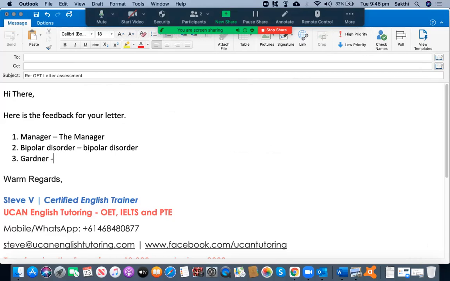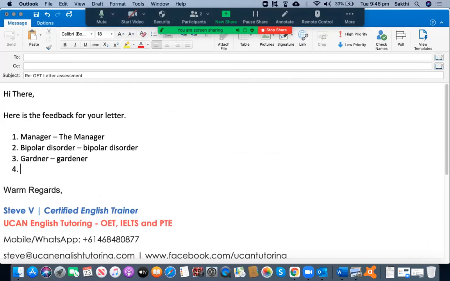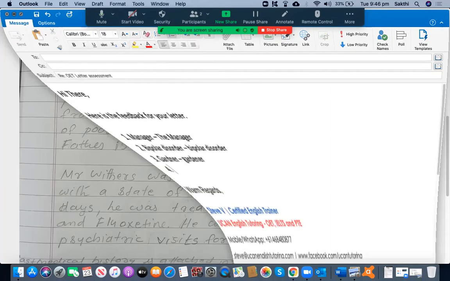It's very simple. See this one, garden. Garden is G-A-R-D-E-N. Garden is the one where you see all the plants, shrubs and everything. So gardener is the person who does those kinds of activities in relation to the garden.